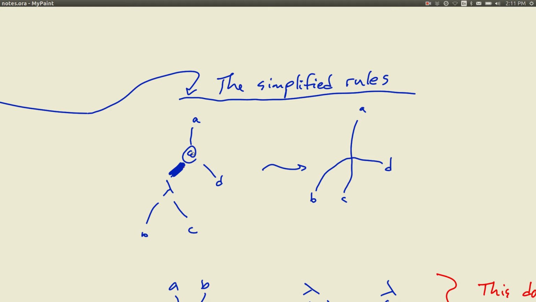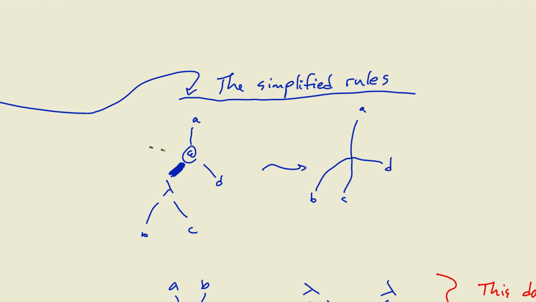And so what happens is you've got an application. You've got this application right over here, and you're applying a lambda abstraction. And so what you do in this graph rewriting formalism, it's quite amazing. You just connect some things up, and here you see the wires.